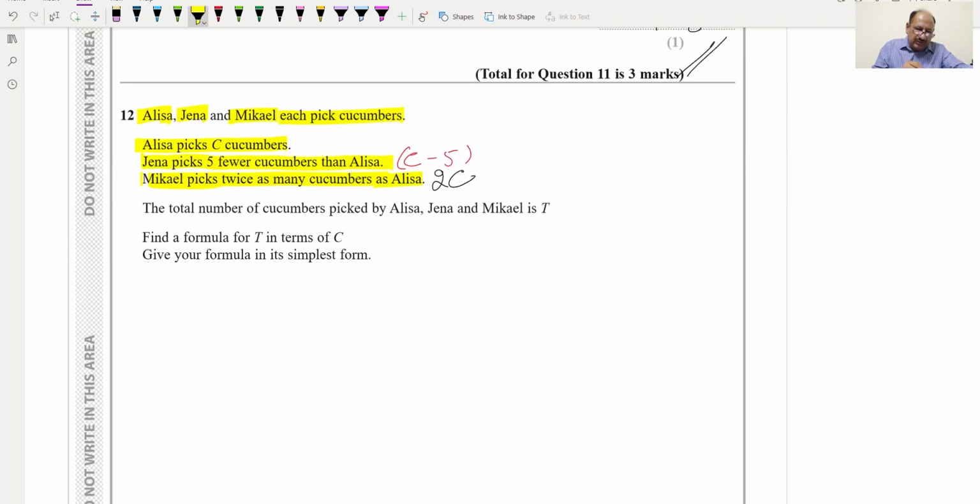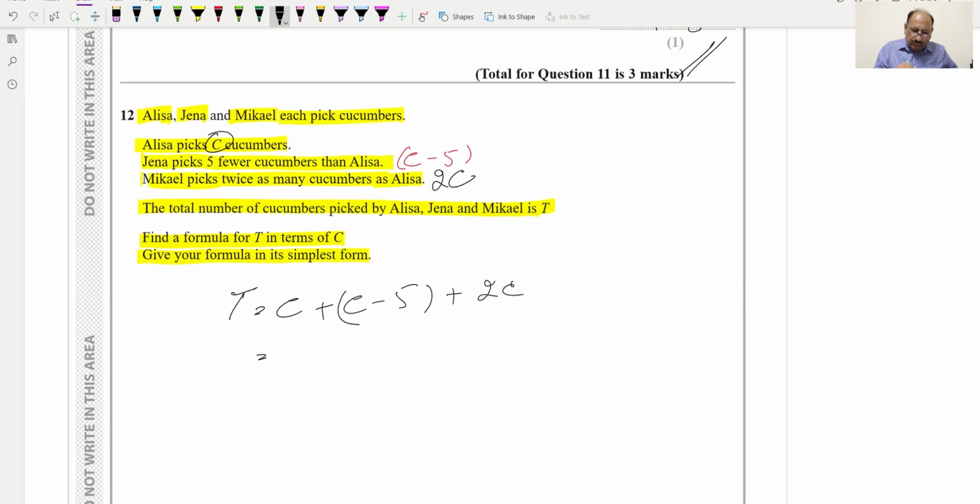And next they are saying the total number of cucumbers picked by Eliza, Gina, and Michael is T. Find a formula for T in terms of C. Give your formula in its simplest form. So T is equal to C plus C minus 5 plus 2C.